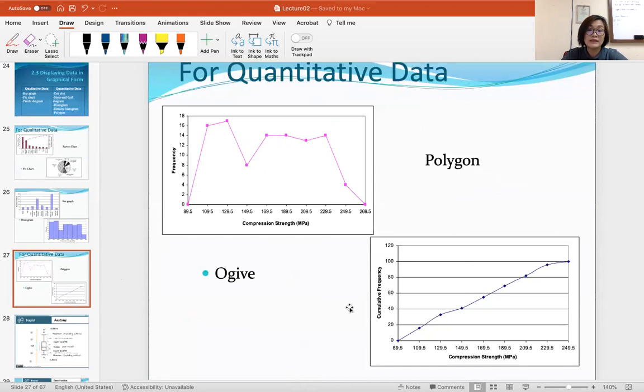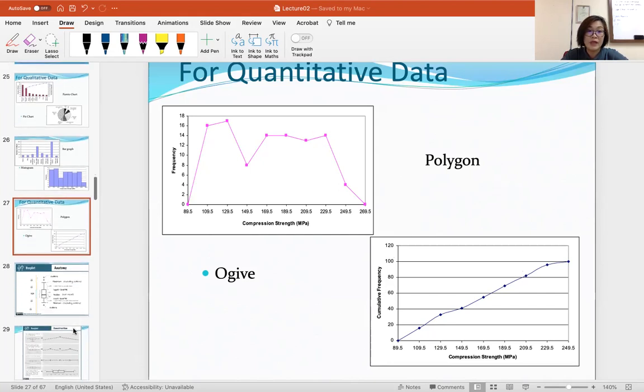So for the quantitative, we can convert into polygon or ogive. If you look at this, ogive is a cumulative frequency. For polygon, we are trying to look at the frequency. And in this part, polygon, we are trying to use the midpoint, the midpoint that we learned just now.